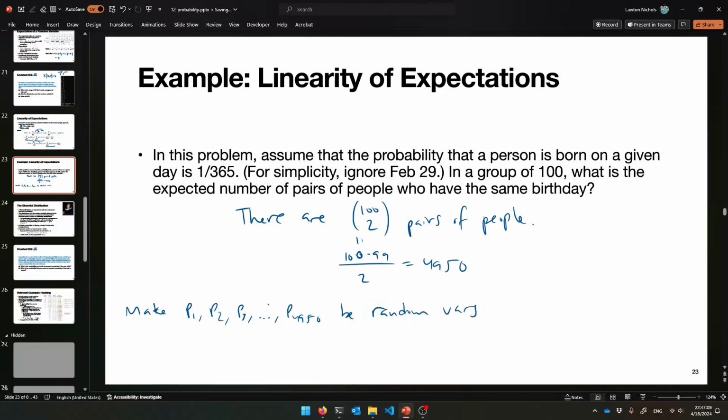What numbers do I want these random variables to take on? I want to be able to add up their expectations. I want these to be 0 when that pair does not share a birthday, and 1 if they do.